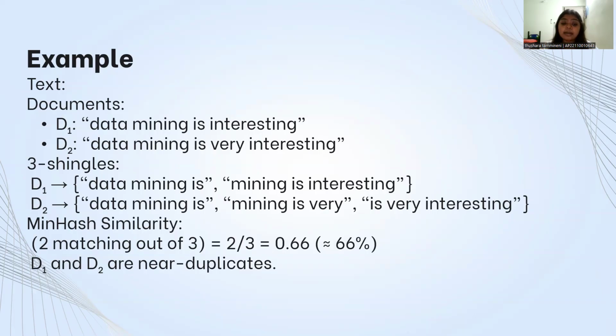It gives two shingles, but D2 gives us three shingles: "data mining is", "mining is very", and "is very interesting". So two out of three shingles match. So similarity is 2 by 3, about 66%. That means they are near duplicates, not exact copies.